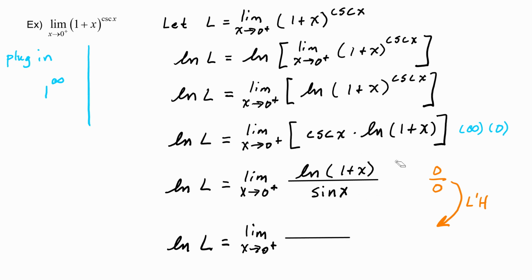In the numerator, we have to find the derivative of natural log of 1 plus x. So that would be 1 over 1 plus x. In the denominator, we need to find the derivative of sine of x, which is cosine of x.